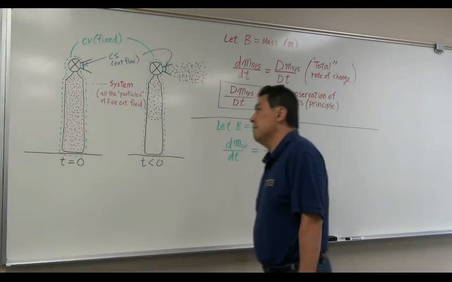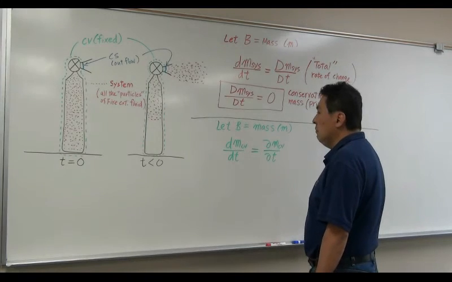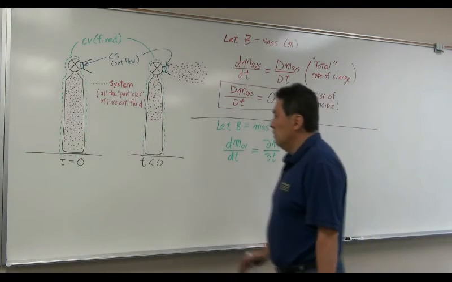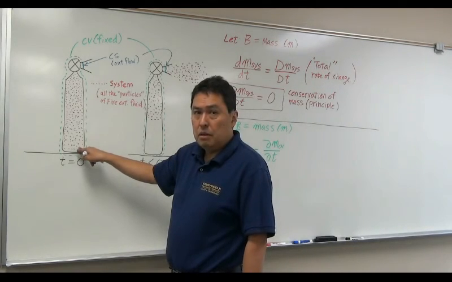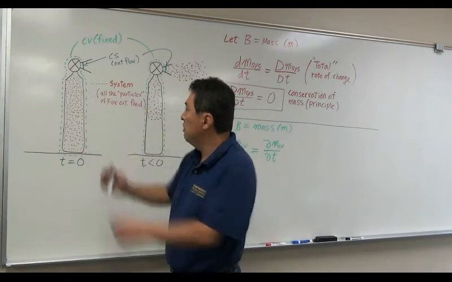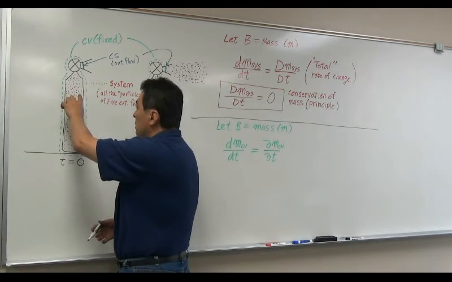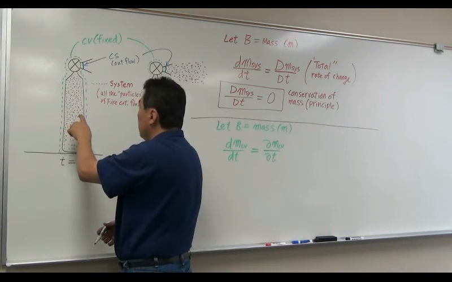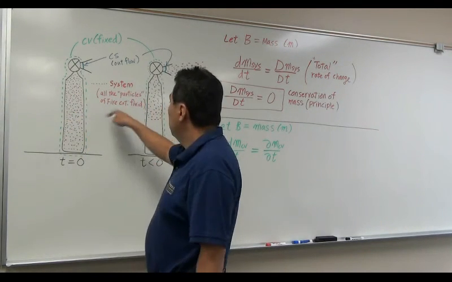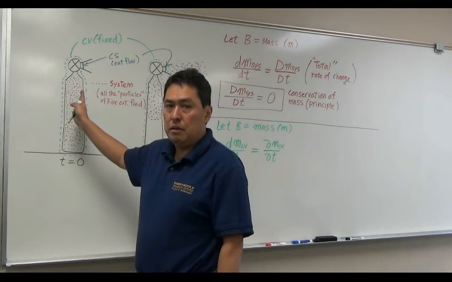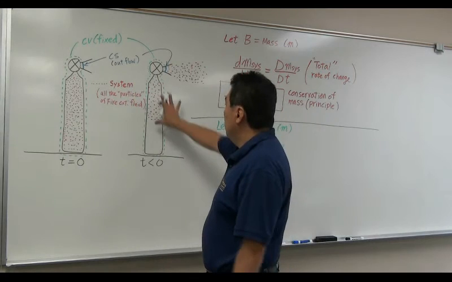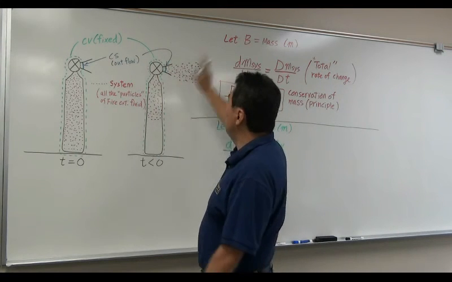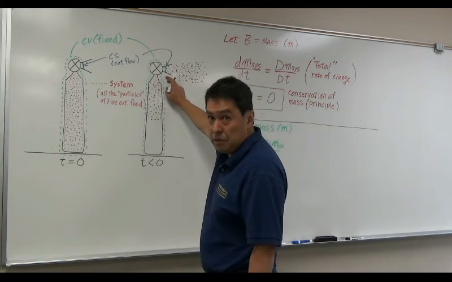What do you think? Well, apparently, within the control volume, mass keeps changing, right? At the time equal to 0, right before you open the valve, the fire extinguisher fluid is filled up. But when you open up the valve, fluid escapes across this control surface.